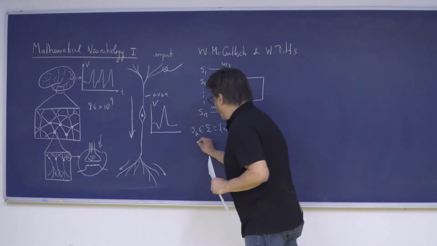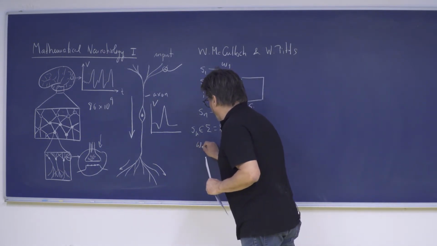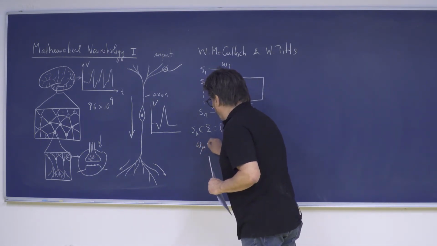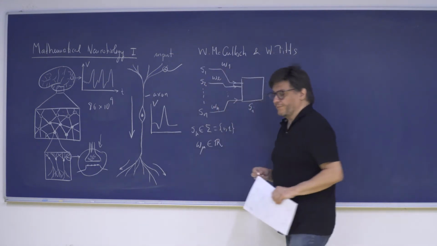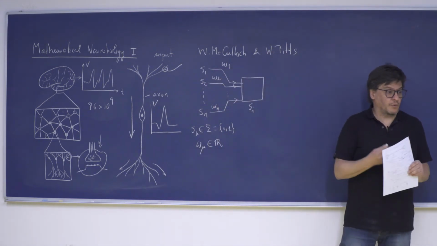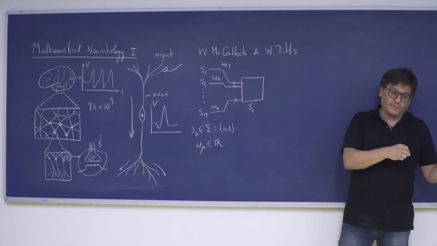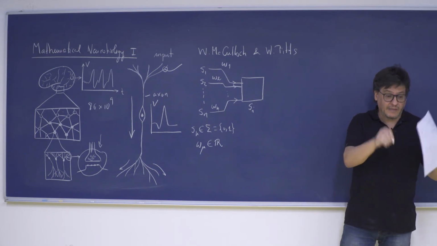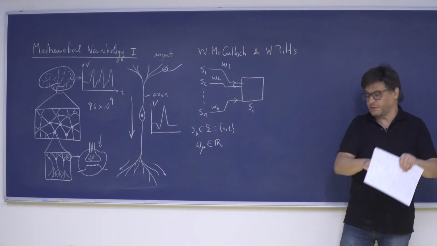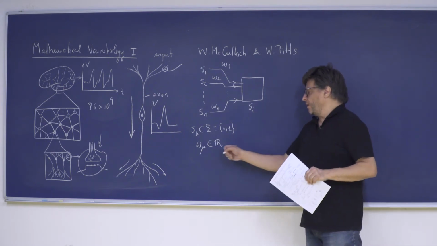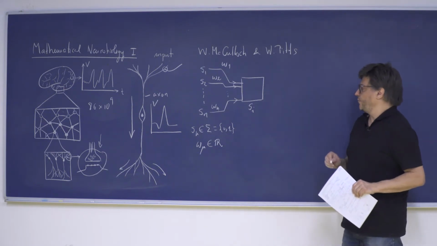Wiring is a real number. Okay? It could be continuum, it can be 0 because there's no connection, or can be negative or positive, right? For us, negative will mean that I'm trying to inhibit you, to suppress your activity or your firing, and positive is I'm trying to excite you.